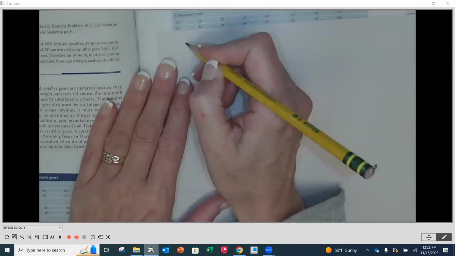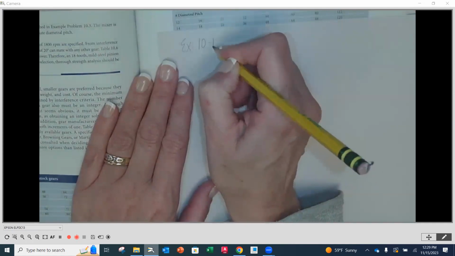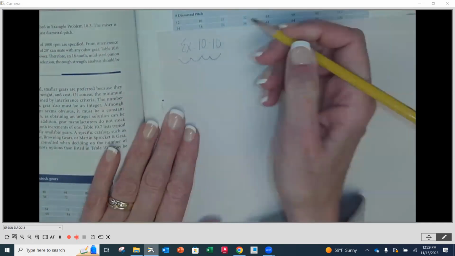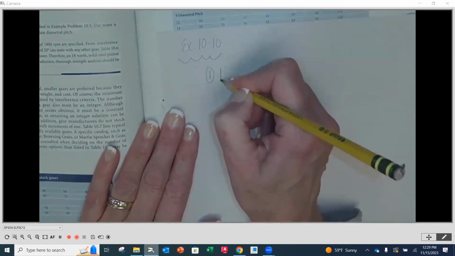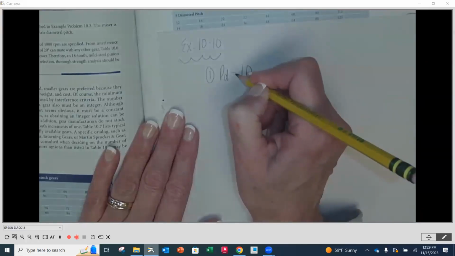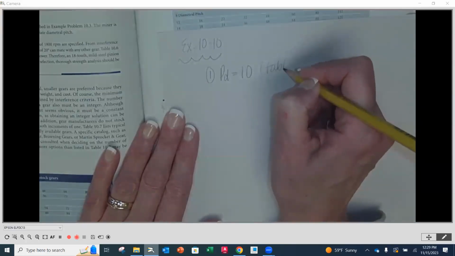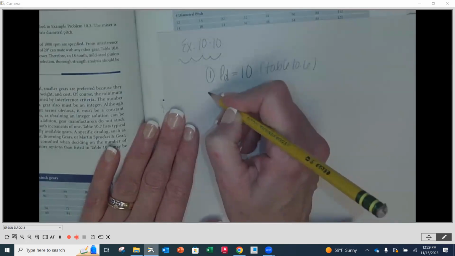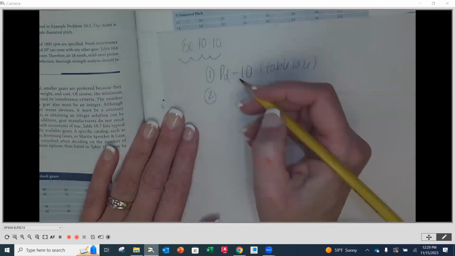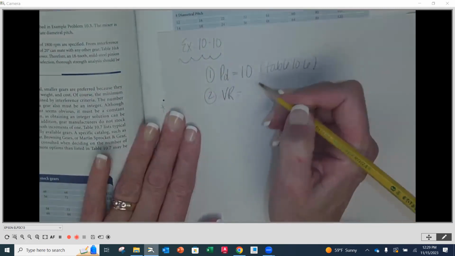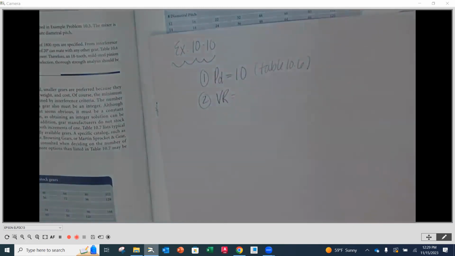Okay, so example 10-10, and number 1, diametral pitch is going to be 10, and that's from table 10.6. Then number 2, we want to determine what is the actual velocity ratio that is based on what they're telling us is the input to the output.